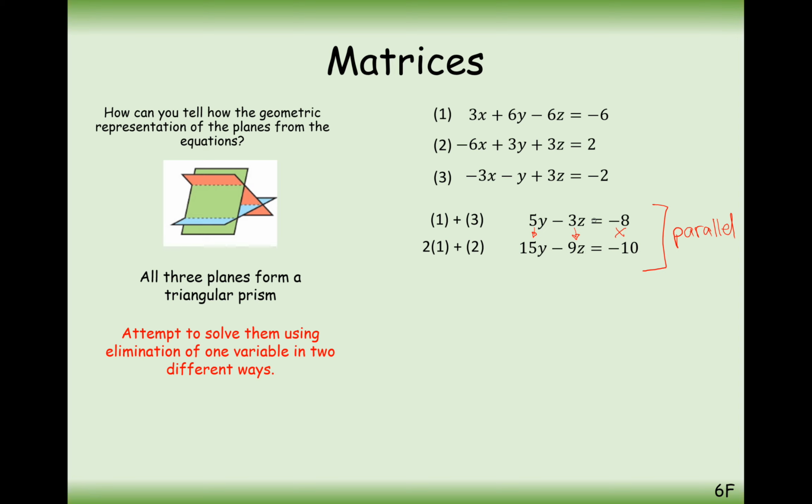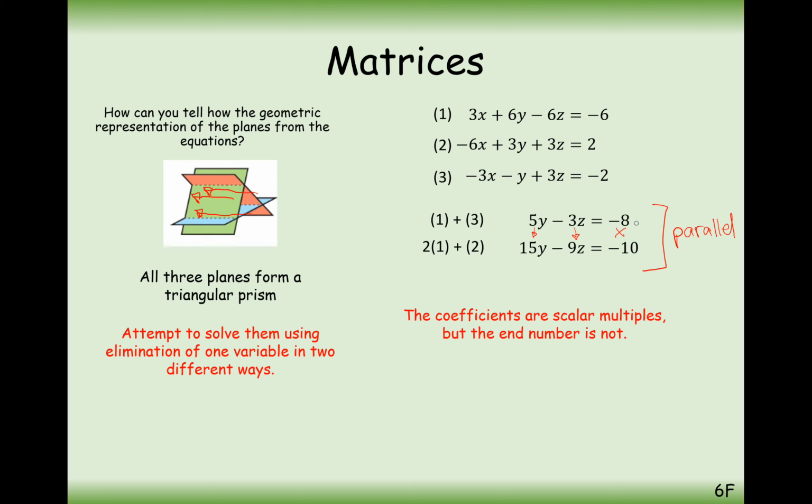They are two parallel planes, which makes sense because these planes here are going to have to be parallel, certainly in one dimension anyway, to form the triangular prism that this shape gives us.